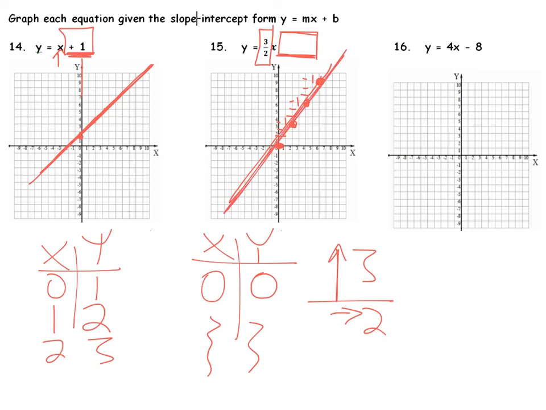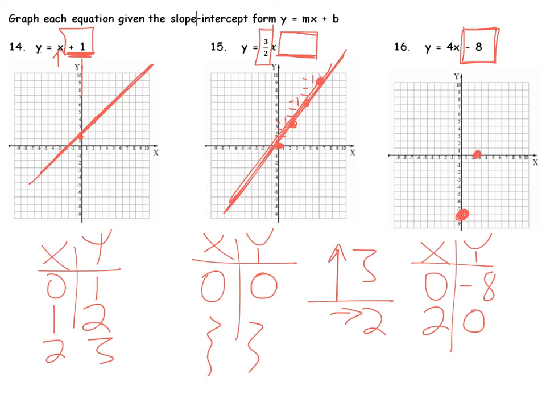All right, this last one, if I look at the number at the end, I know right away that right down at -8 is where it crosses the y-axis. So let's plug in a couple numbers. 0 gives me -8. 2 times 4 is 8, minus 8 is 0. So I can plot it here.